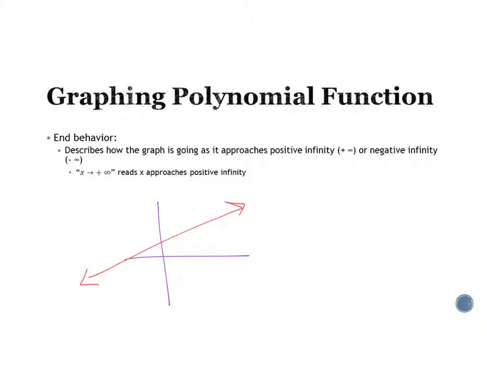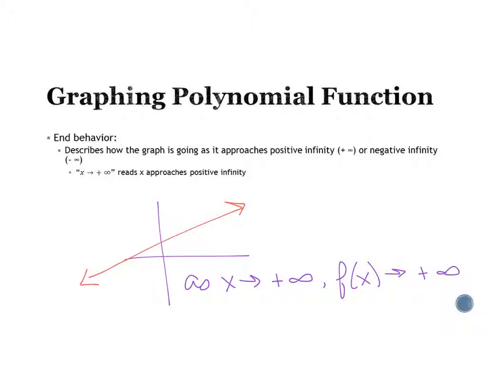then we would say, here, we'll do it this way, as x approaches positive infinity, so as I come this way on my x's, my graph is going towards what as a y value? Well, it's going to keep going towards positive infinity for y, right? It's going to get way up here. So as x approaches positive infinity, we say f of x, that's our y value, approaches positive infinity.